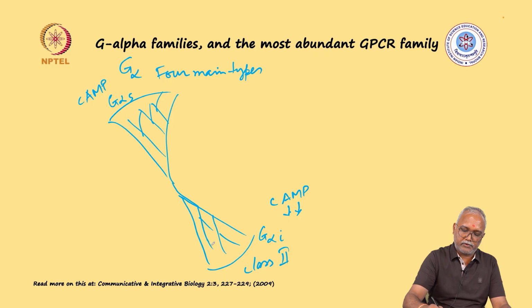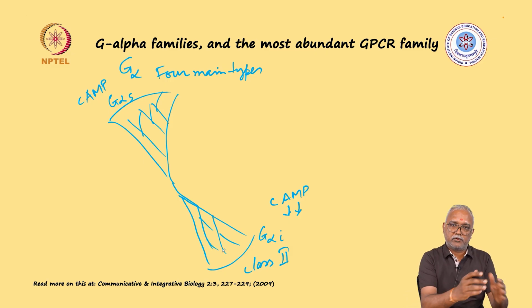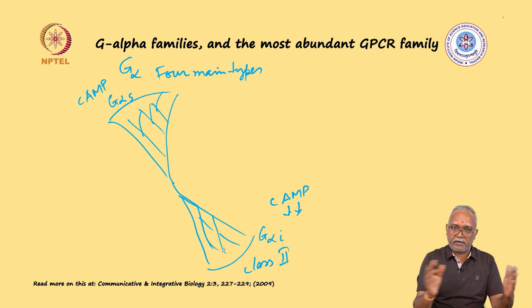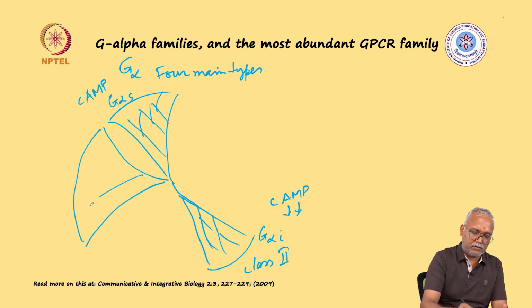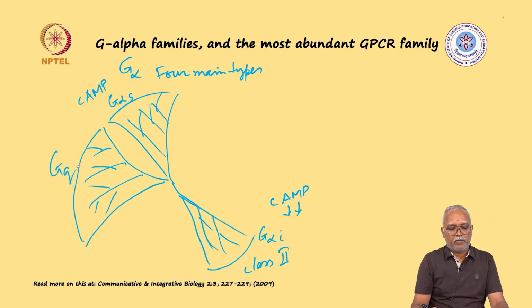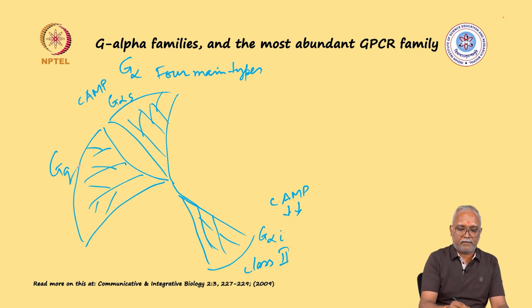So if you make a phylogenetic tree dendrogram, you will realize that these 2 types of G alpha find very distinct positions in this tree, which are diagrammatically opposite. Then you have another big class of G alpha, the biggest class, G alpha Q, where you will see that multiple G alpha Qs are present and grouped together.